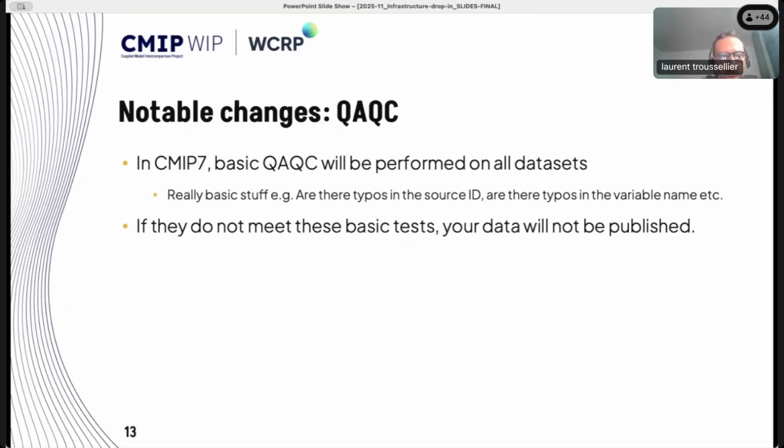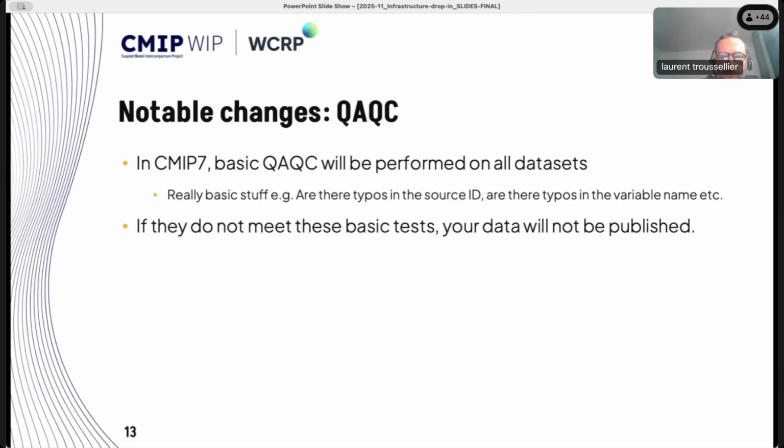I will talk about the notable changes from CMIP6 in CMIP7. One thing is that we will do quality assurance and quality checks, QA/QC, on all data sets. For now, it's really basic stuff.